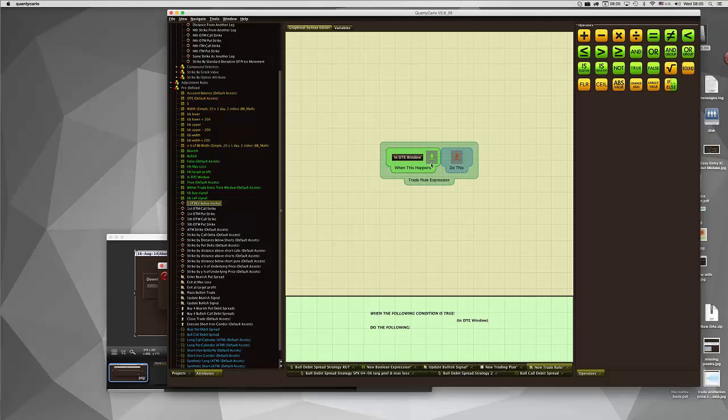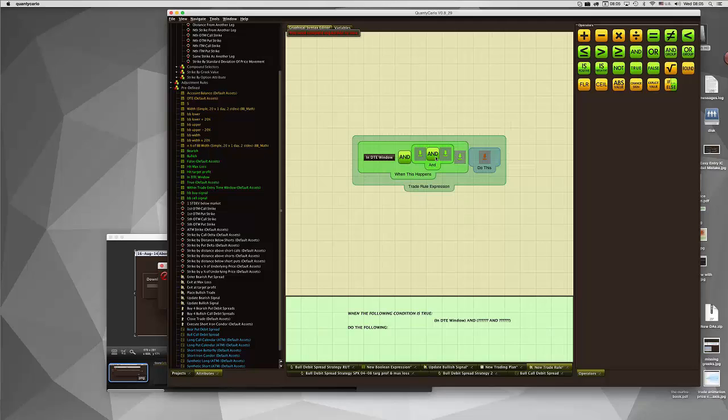Well, go ahead and put your and operator in there. And now for the left-hand object of the and, try your strike selector. It wants a Boolean expression though. That's why it's green.